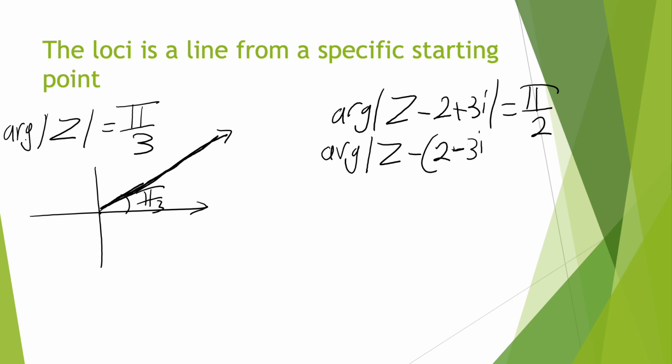Minus 3i. And then you will have to put this point here, 2, negative 3. So it's positive 2 in the real part, negative 3 in the imaginary part. So the point is here.